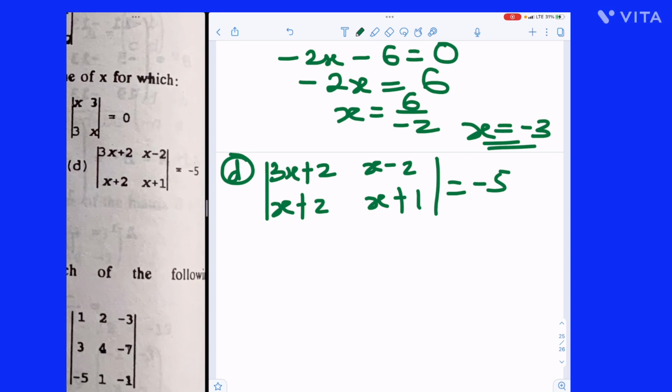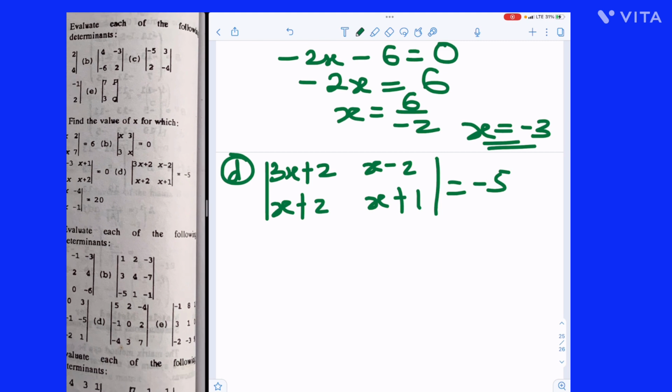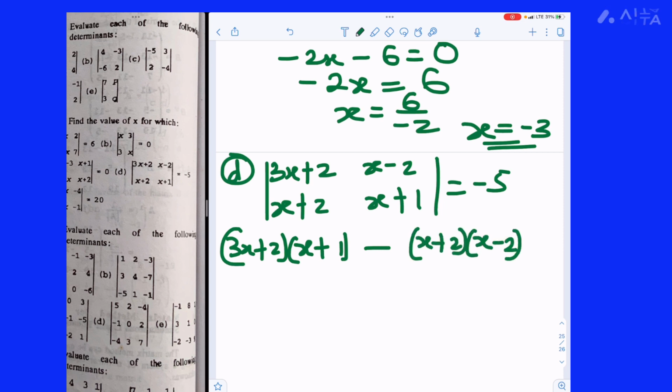So in this question, what it means is that if you do 3x plus 2 times x plus 1 and subtract x plus 2 times x minus 2 from it, your answer should be equal to minus 5.